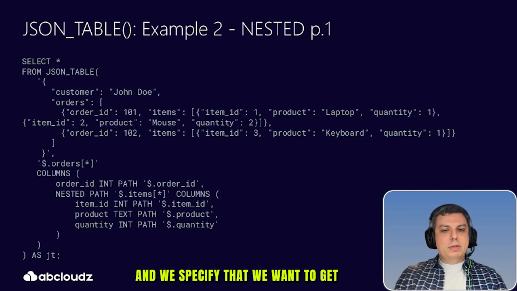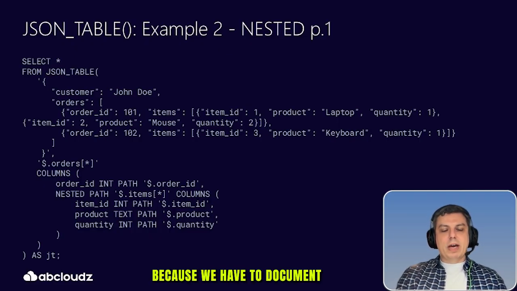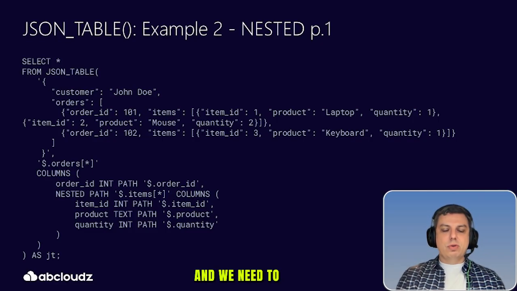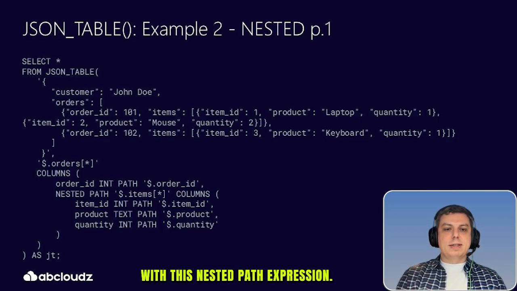And we specify that we want to get items as a separate table, because we have the document where orders is an array of independent separate JSON objects, and we need to get to them with this nested path expression.